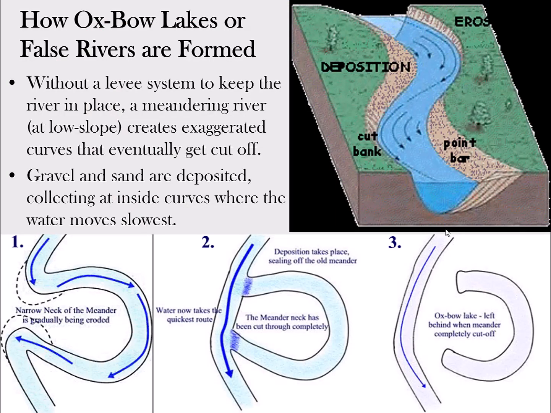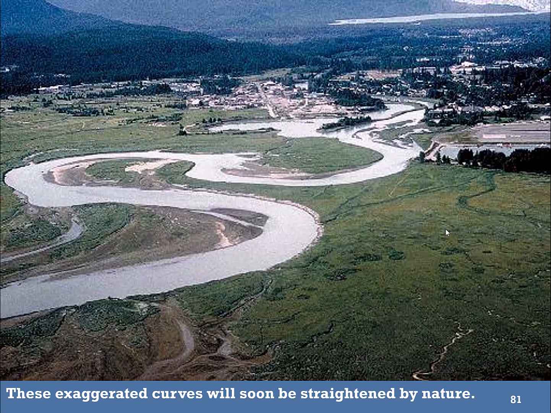So here I'm kind of showing you the life cycle of that. You get these more exaggerated bends of it. Typically every year you get the spring runoff that's much, much faster, and it can be so much that it can literally cut across there eventually. So it's usually the springtime where it'll shorten the journey eventually and leave a piece behind. It just happens naturally. And here it is happening naturally.